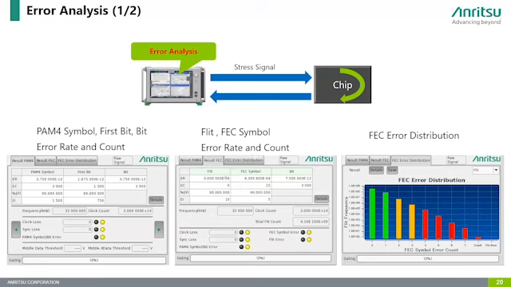Now you can see FLIT error is 0, which means all errors can be corrected. The error detector also shows that up to 3 FLIT errors can be corrected, but 4 or more are uncorrectable, so it's red. This kind of bar graph shows you what you need for your analysis.